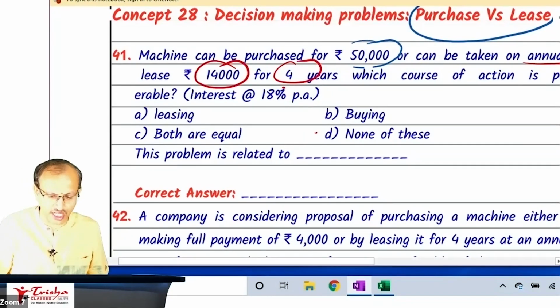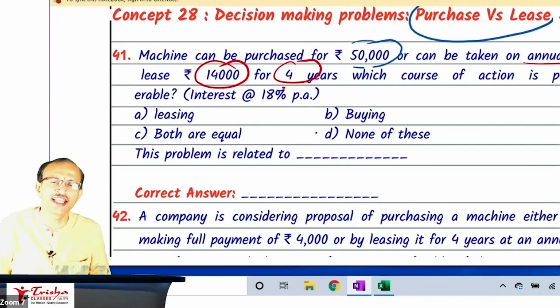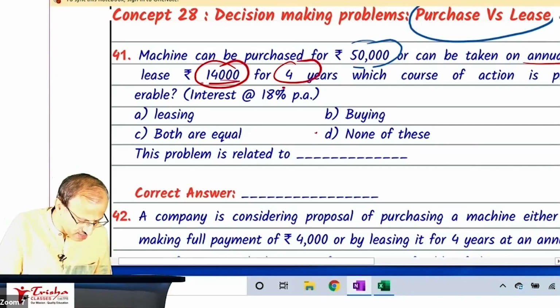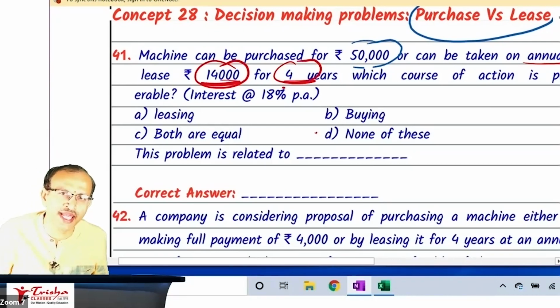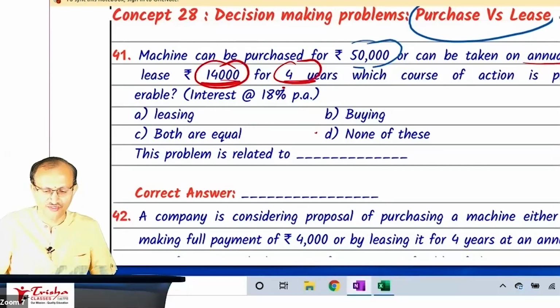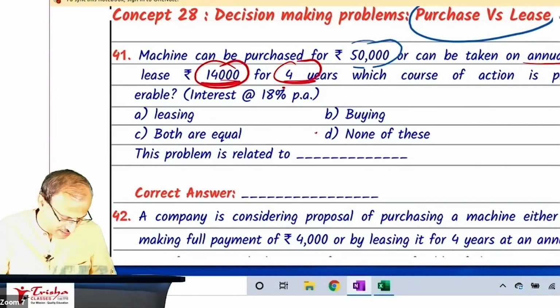So I'll repeat. If you buy, you pay 50,000. If you go for lease rentals, you have to pay 14,000 every year for 4 years. Tell me how much you pay in leasing altogether. 56,000.